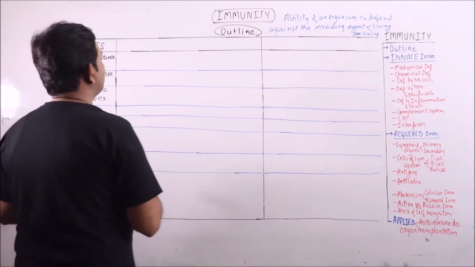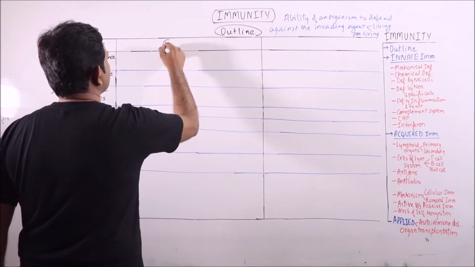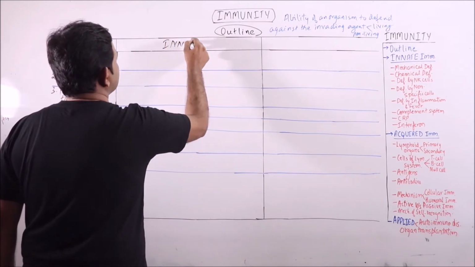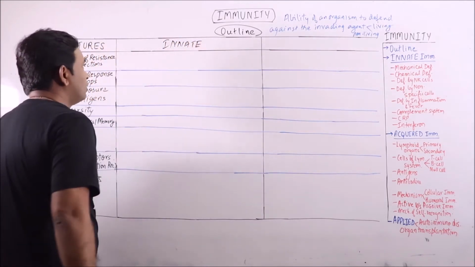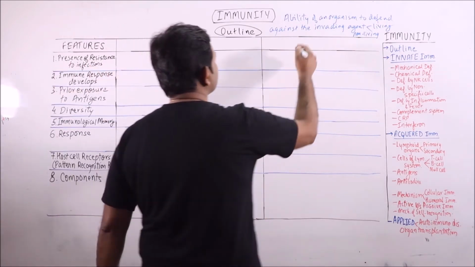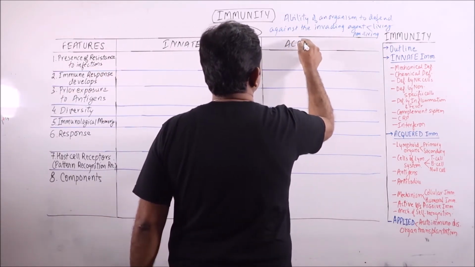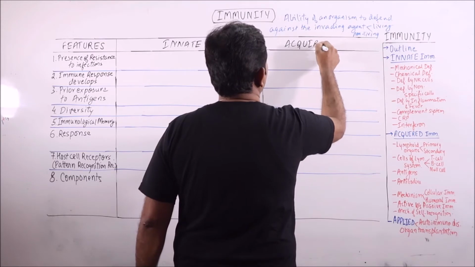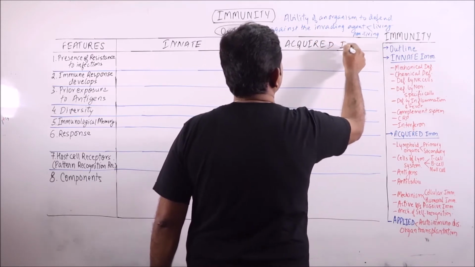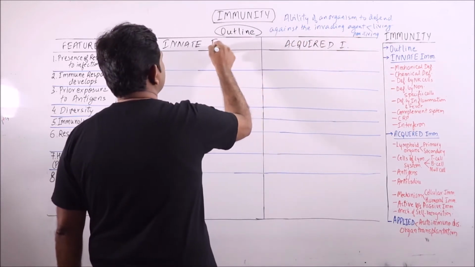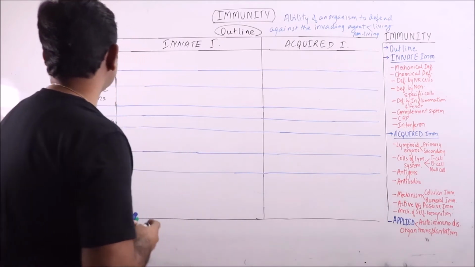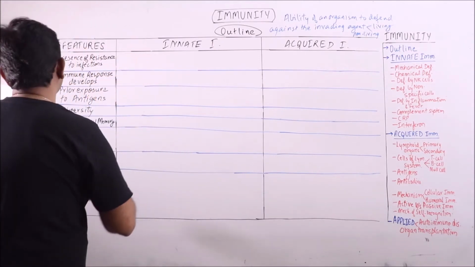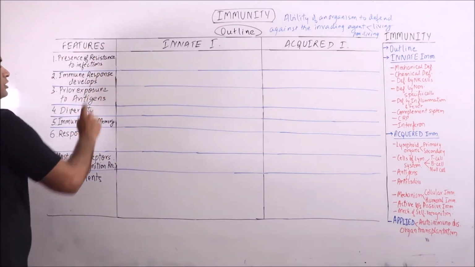Immunity is classified into two categories. First one is innate. Second one is acquired immunity. Now, what is innate immunity in terms of presence of resistance to infection?